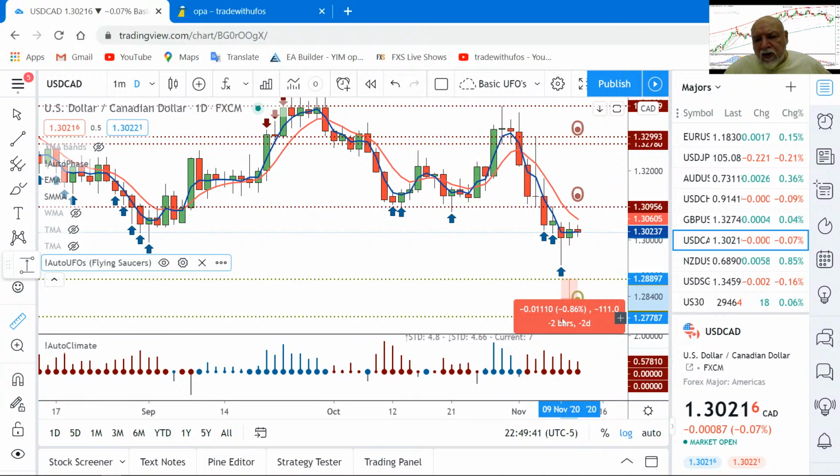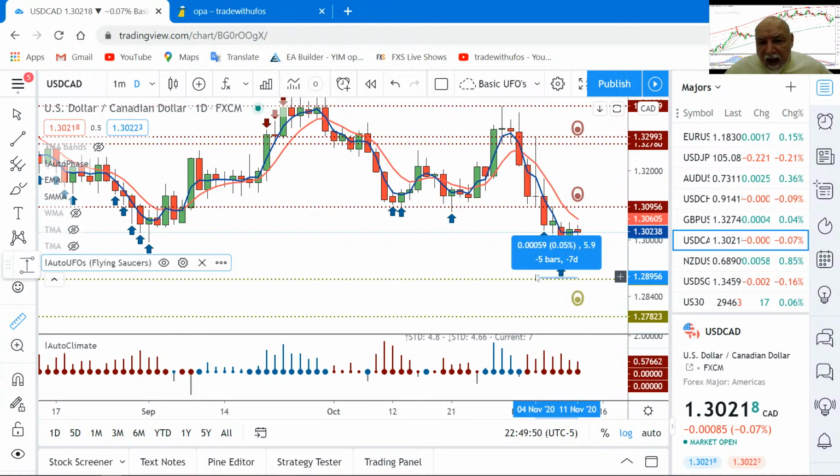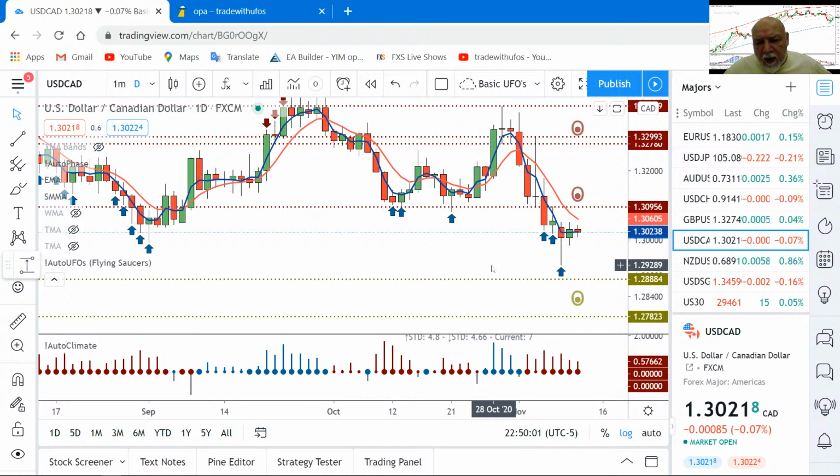So it's close to a 4 to 1 on a daily chart. That's 100 pip risk to make about 400, close to 4 to 1. Okay. I like this trade.